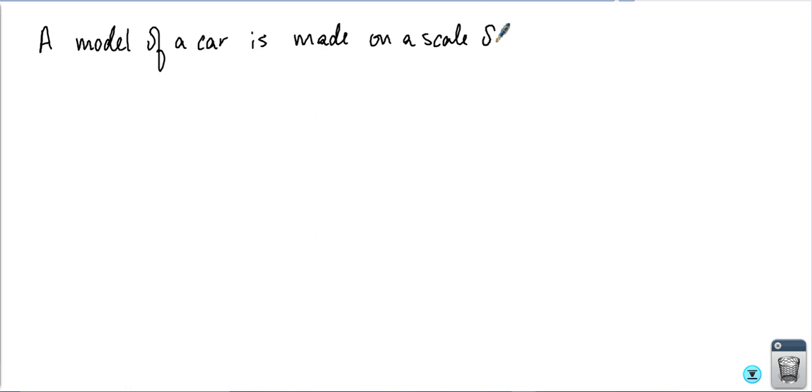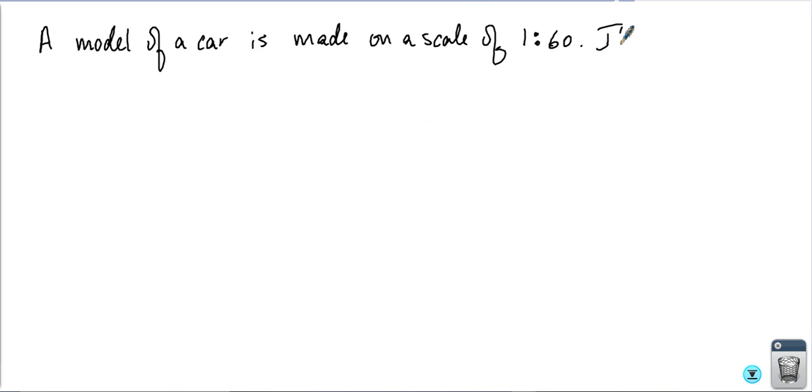a model of a car made on a scale of 1:60.